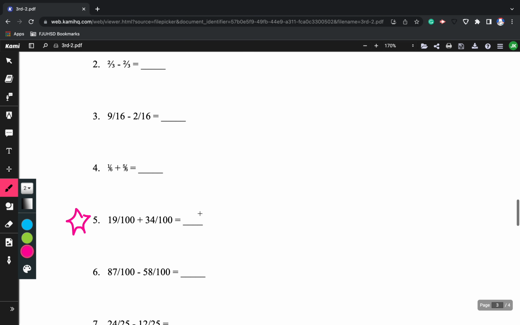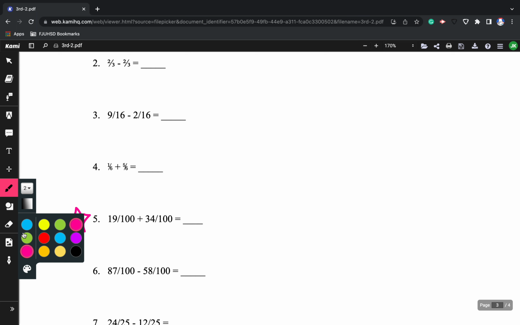Now we're going to add and subtract fractions. You guys, remember that if the denominators are the same, then you can add straight through. A little refresher. Let's do 1/4 plus 2/4.